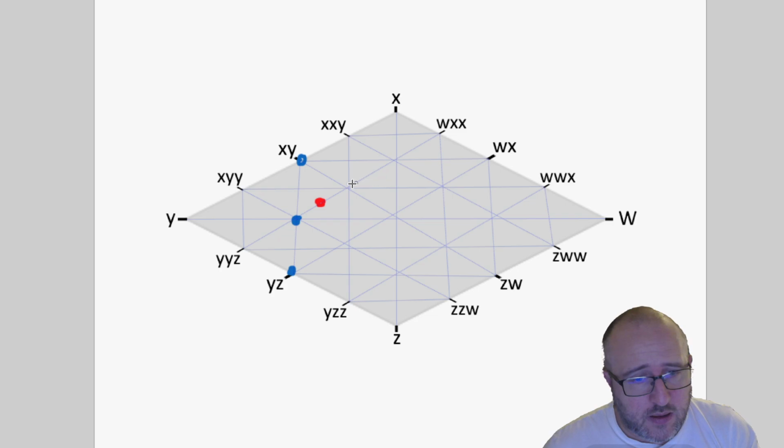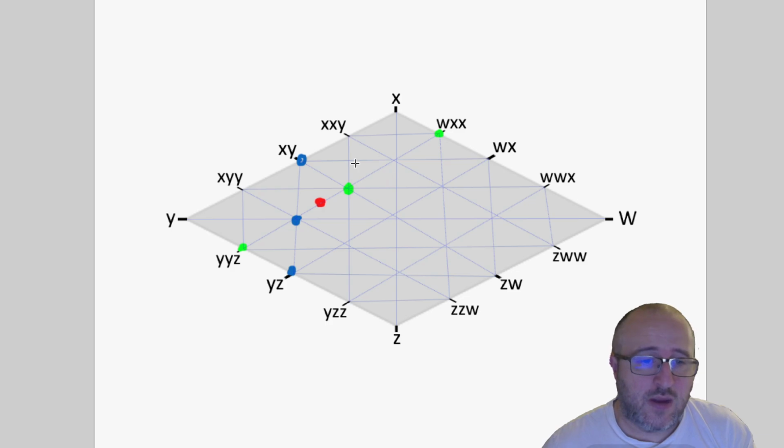I could then work out the halfway point of this one, using this point and this point. So if I took the 4 points together, added those and divided by 4, I would then get the red coordinate, which is the halfway point between all of those added together.